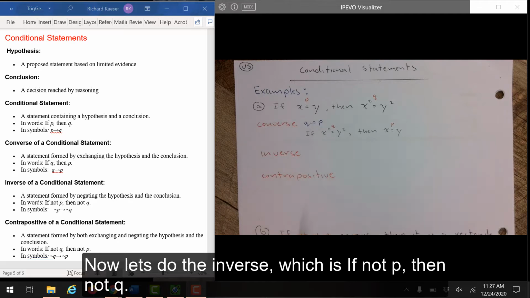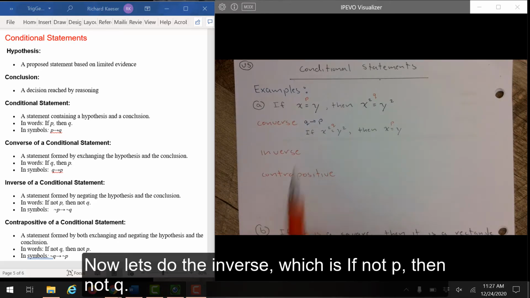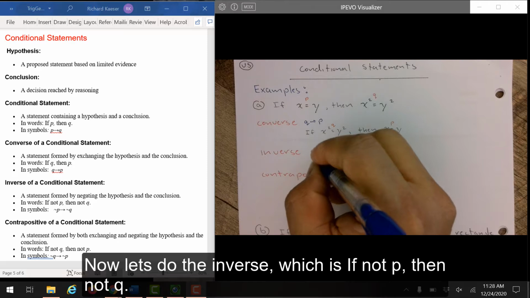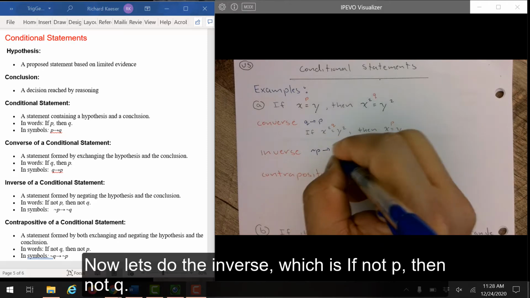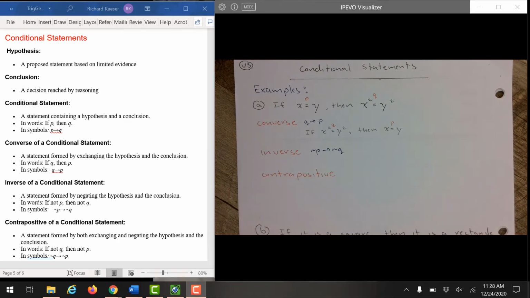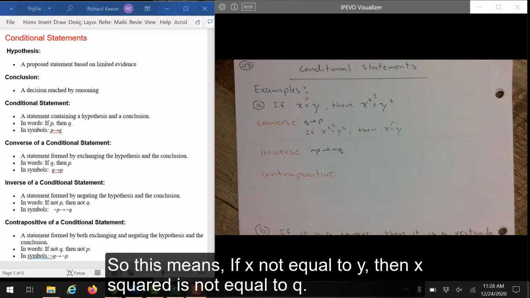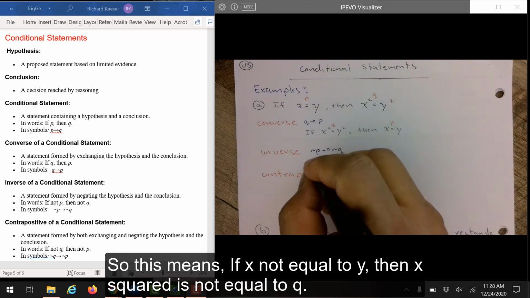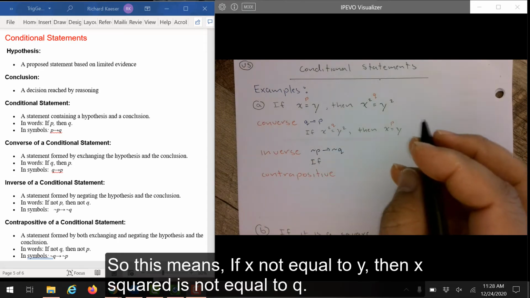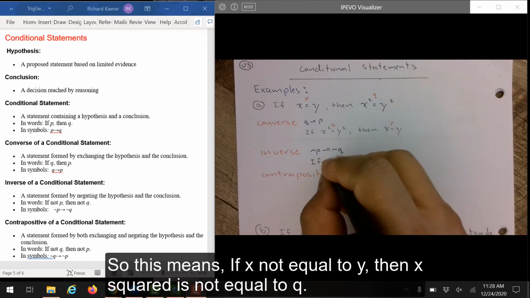Now let's do the inverse, which is if not P, then not Q. So this means if x is not equal to y, then x squared is not equal to y squared.